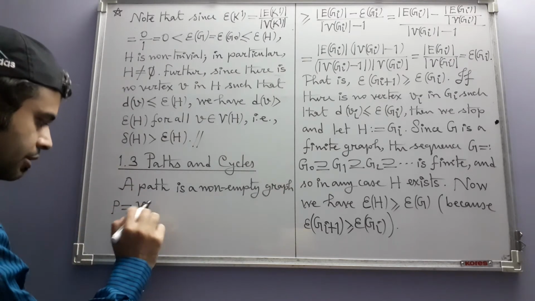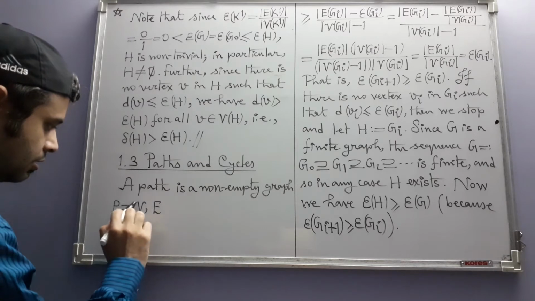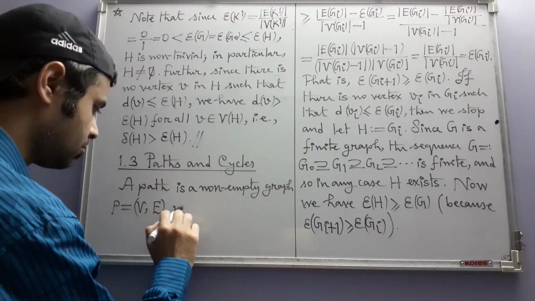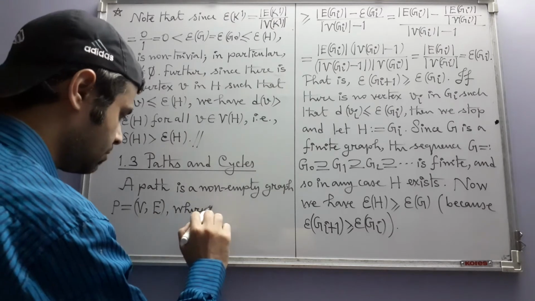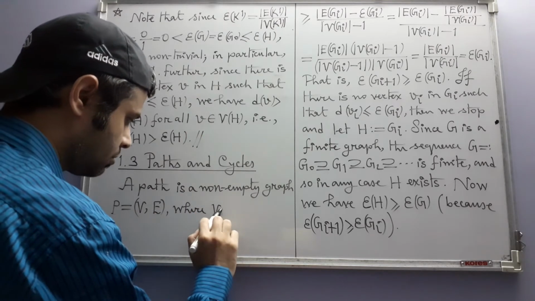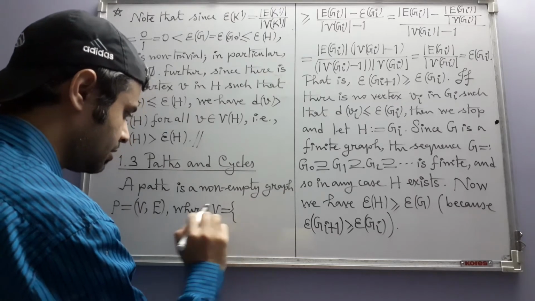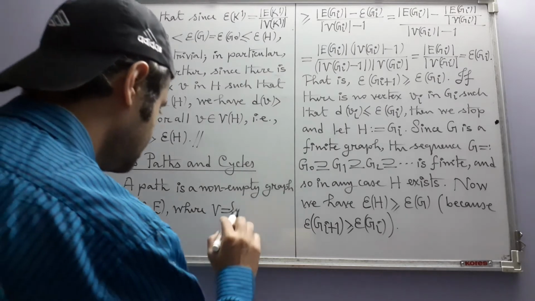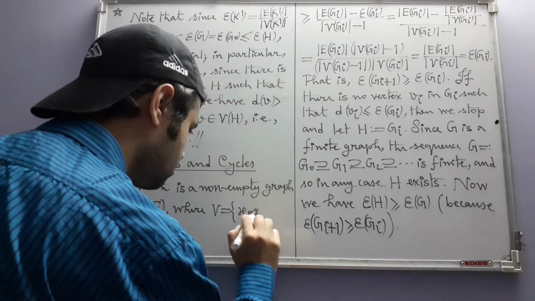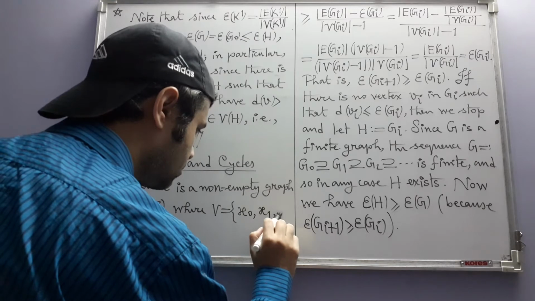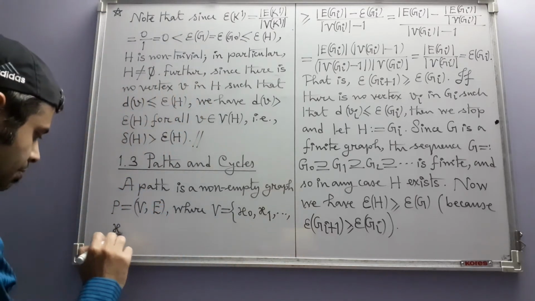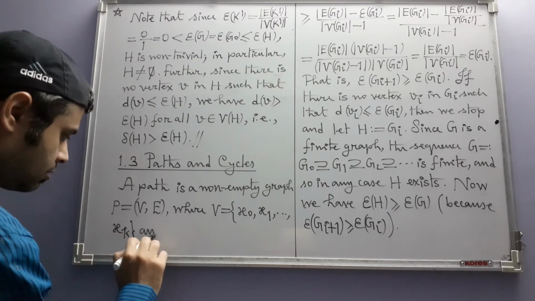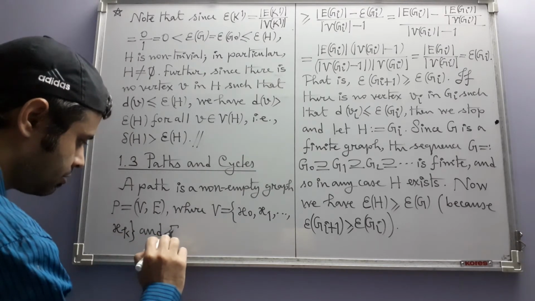whose vertex set is V, edge set is E, where the vertex set has some vertices. Non-empty, that means the vertex set has to be a non-empty set. It has some k plus 1 vertices, and the edge set looks like this.